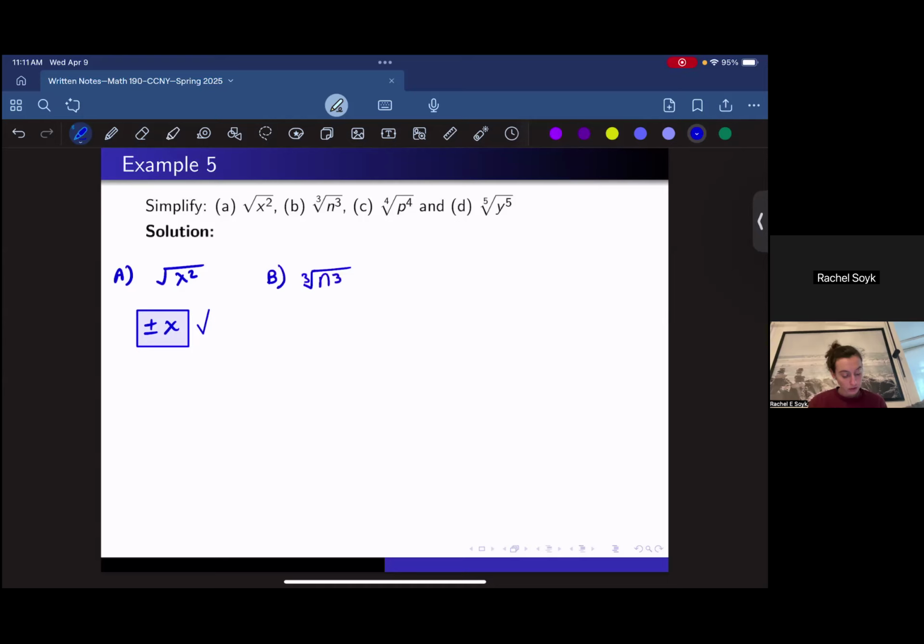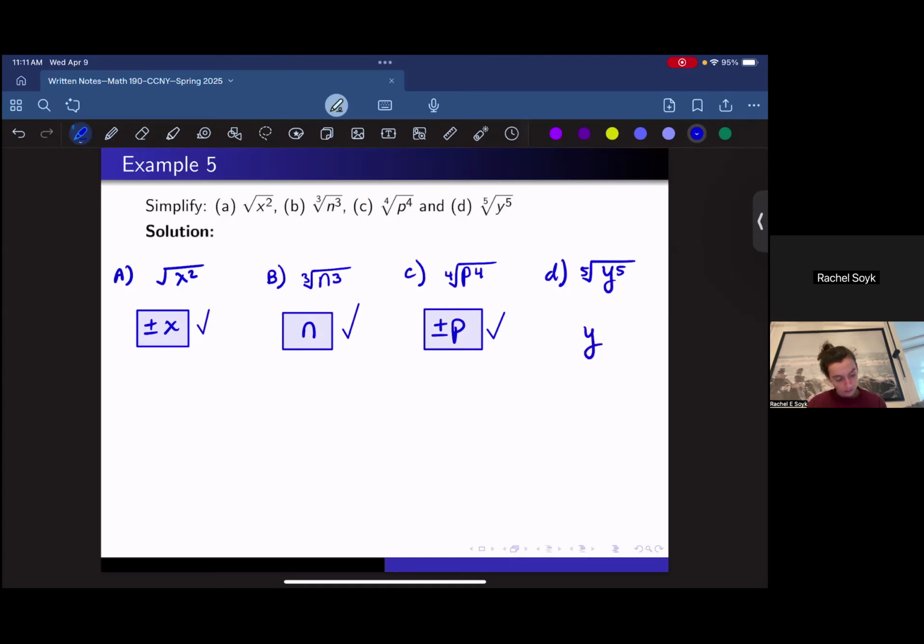Cube root of n to the third, we just have as n. Part C, even index, the fourth root of p to the fourth, we have plus or minus p. And then last but not least, the fifth root of y to the fifth, odd index, one solution, and we just have y.